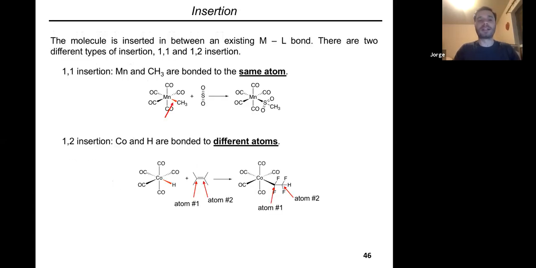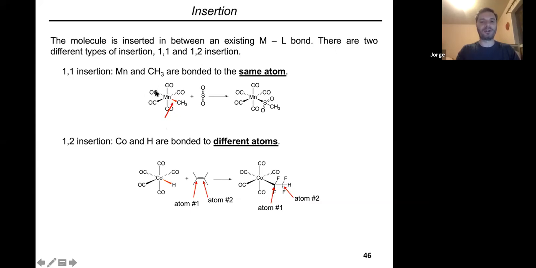Okay, so let's start with insertion. Pretty simple. The molecule is inserted in between an existing metal ligand bond. There are 2 different types of insertion, 1,1 and 1,2 insertion. Let's start with the 1,1 insertion. I'm showing here an example of a manganese complex, hexa-coordinated.